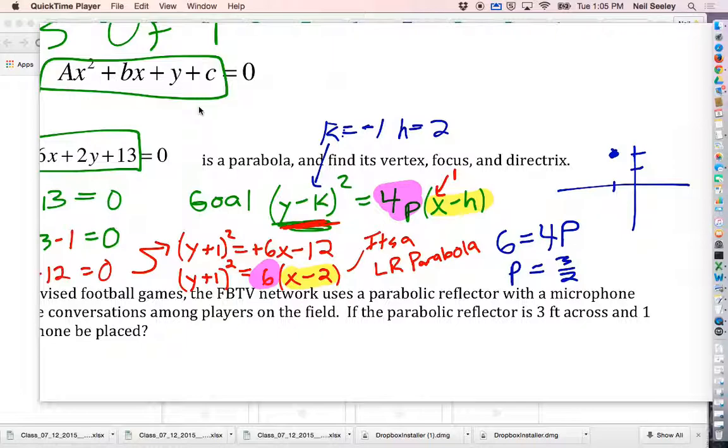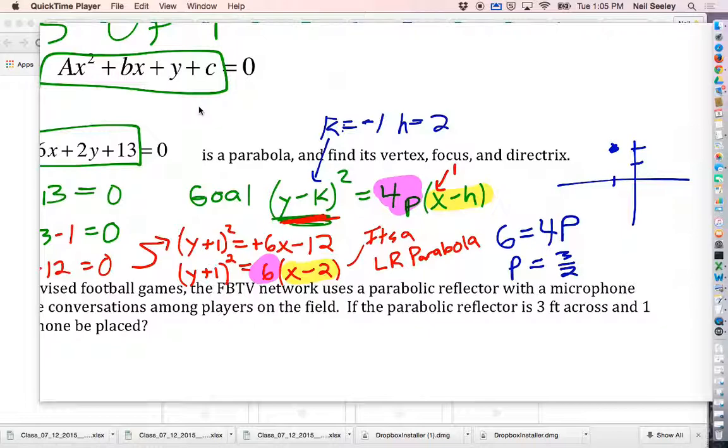It kind of has the opposite sign. X plus 2, h is a -2. Exactly. Now over here, y plus 1, since y minus k is how we find out where our vertical component of our vertex is, the y component. K is the y component. Y plus 1 is actually the same as y minus a -1, so k is -1. All you have to do is imagine a negative sign and only look at the number after the minus sign.